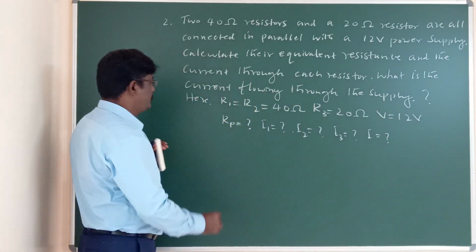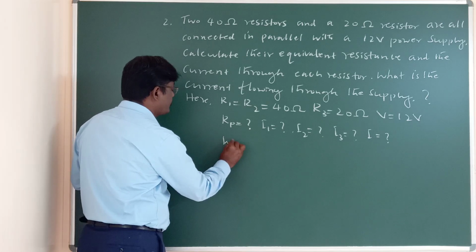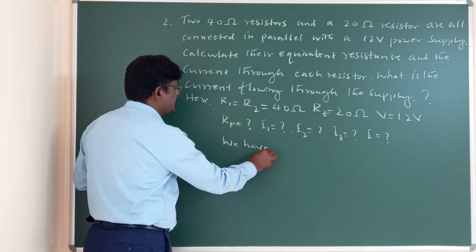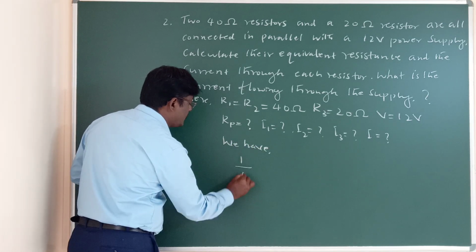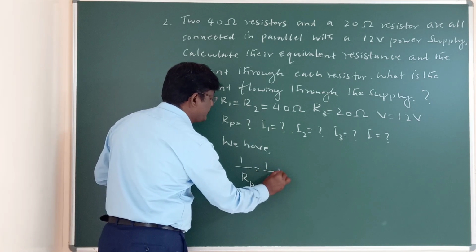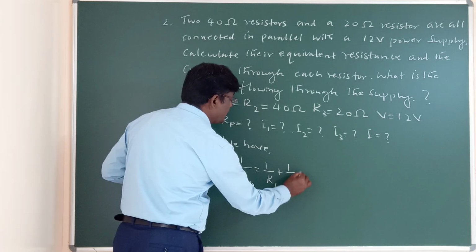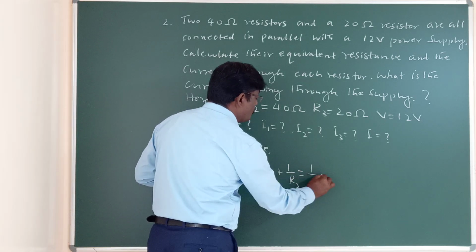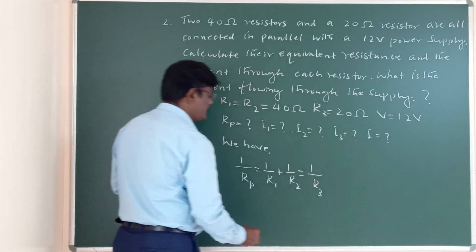Now, in case of parallel, we have 1 by Rp equal to 1 by R1 plus 1 by R2 plus 1 by R3.